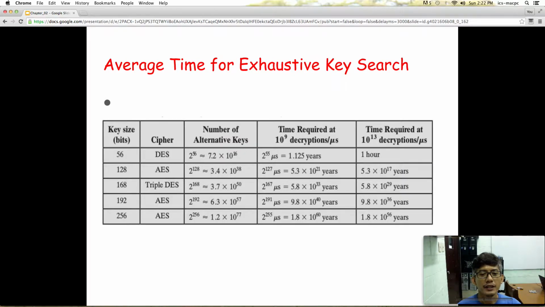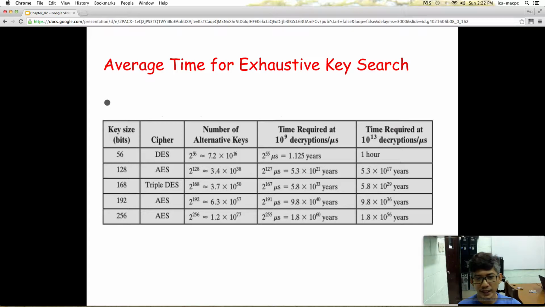The average time for an exhaustive key search is given in this table. For example, for DES we'll have 2 to the 56 possible keys, and if the time required is 10 to the 13 decryptions per microsecond, then it will take 1.125 years to crack.